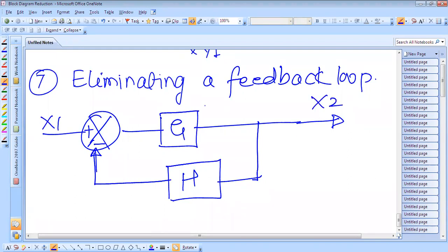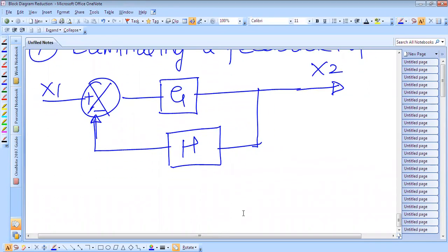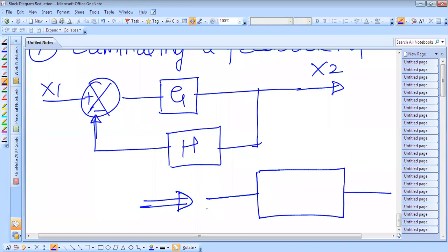So if such a feedback loop is there, then we can reduce this feedback loop to just one block having the gain, input is x1, output is x2, and this gain we can write like this: G upon 1 plus or minus G of H. The plus sign is there when negative feedback is there, and a minus sign will be there when positive feedback is there.